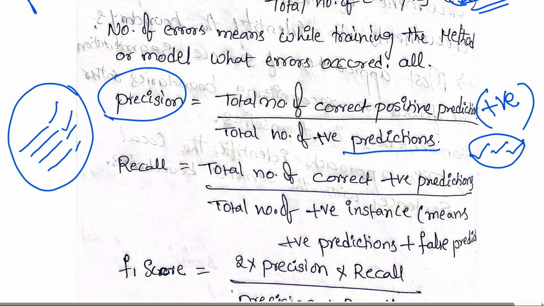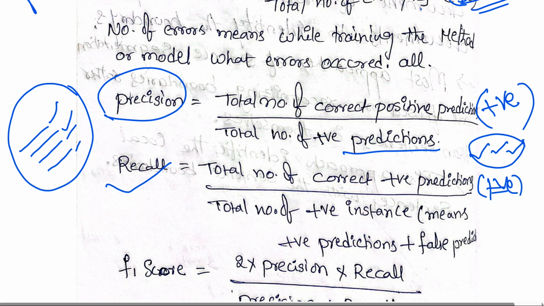Then we need to calculate one more performance metric, that is recall. Recall is the total number of correct positive predictions, the same numerator as in precision, divided by the total number of positive instances.